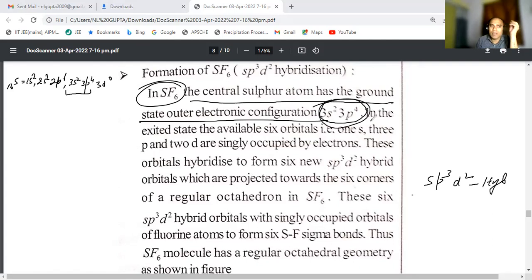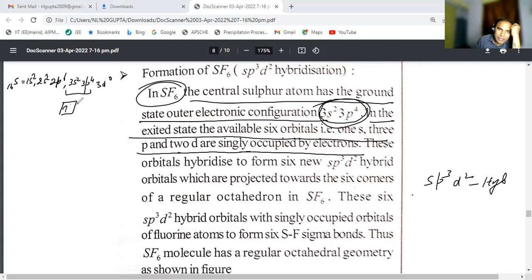In the excited state, the available 6 orbitals, that is 1 s, 3 p and 2 d, are singly occupied. So what will happen in the excited state? Wherever the paired electrons are, they are going to go into the d orbital.